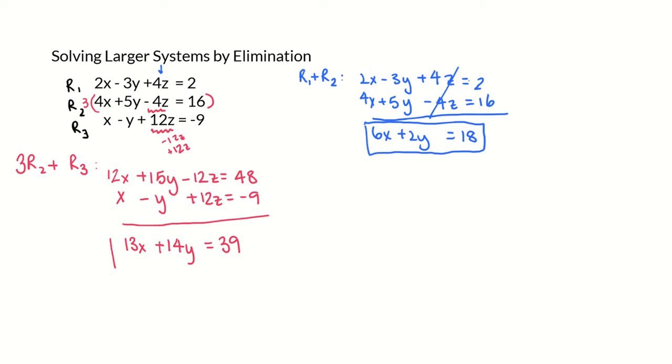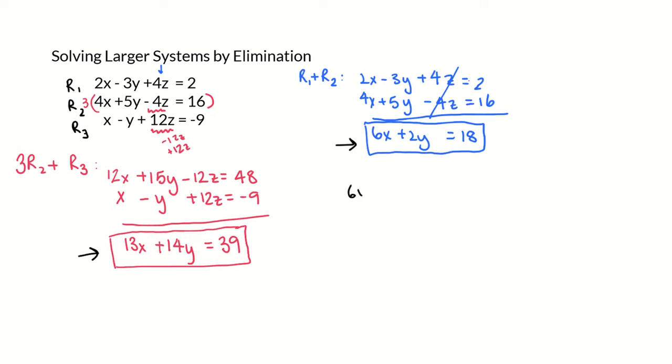So now we've used the equations to eliminate z from the first two equations added and from equations 2 and 3. And if you look, we have now two equations with just x and y, so we have a normal system of equations.